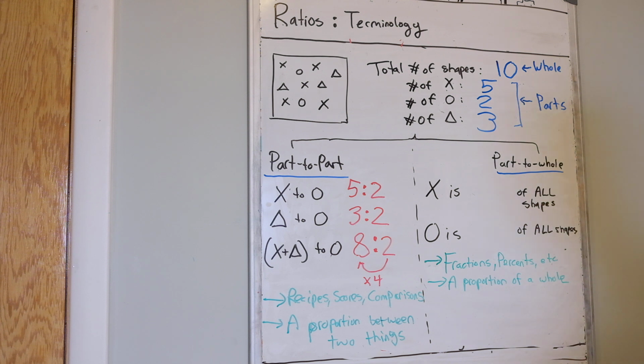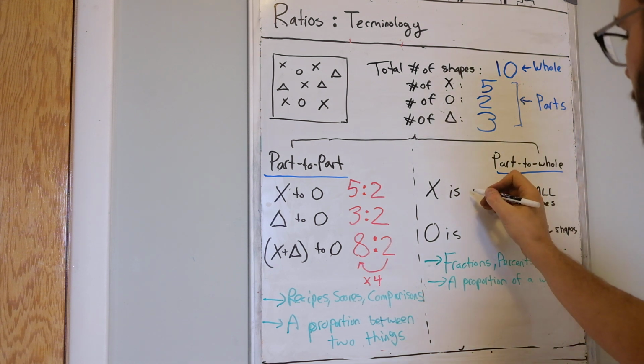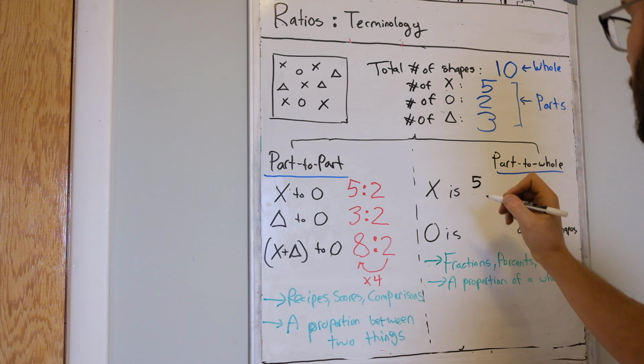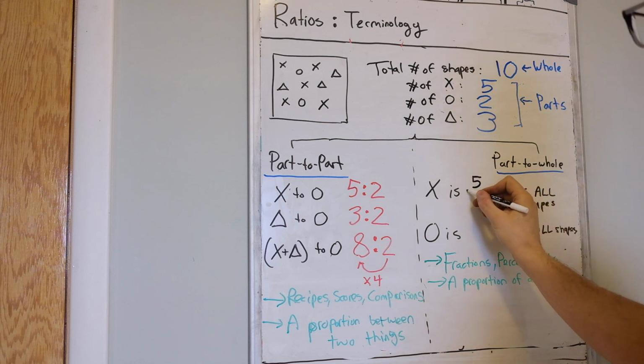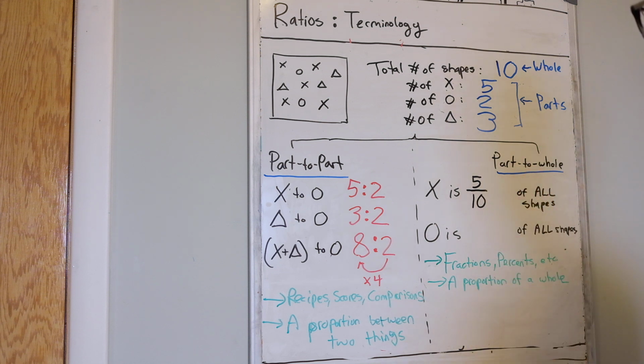That sort of thing. So consider, for example, the X's. The X is 5 out of 10 of all shapes.